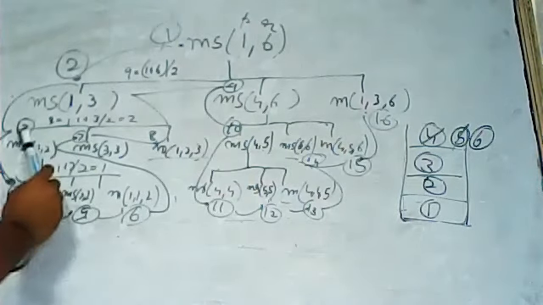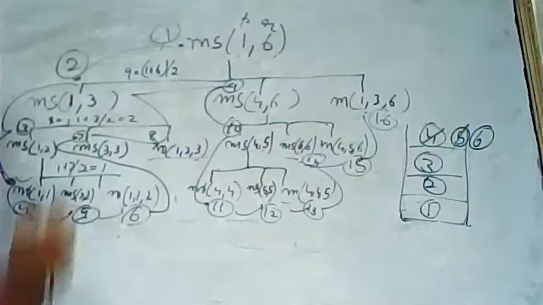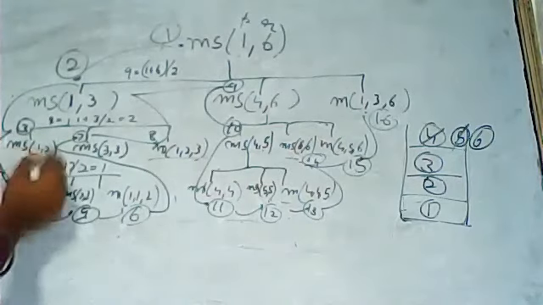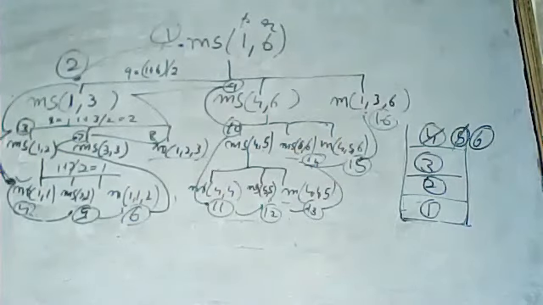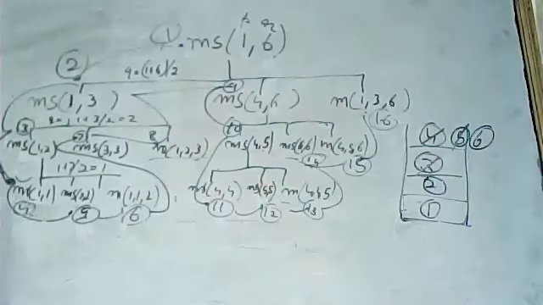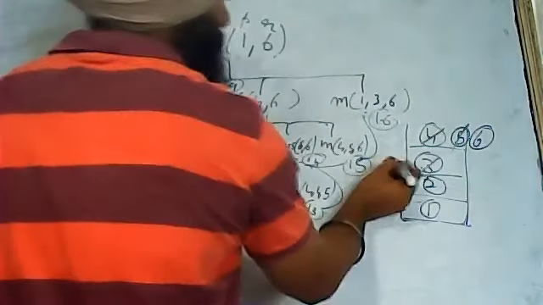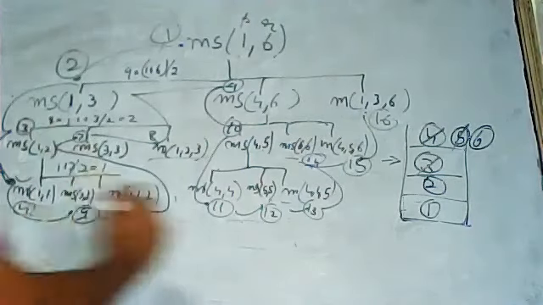Now function control will go to this 3. If 3 is now done, because we have solved the problem from 1 to 2, 3 will get popped out from the stack. Okay. And now the top of the stack will become this position. And now after 3, 7 will work.